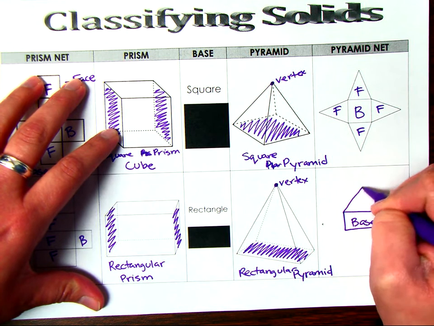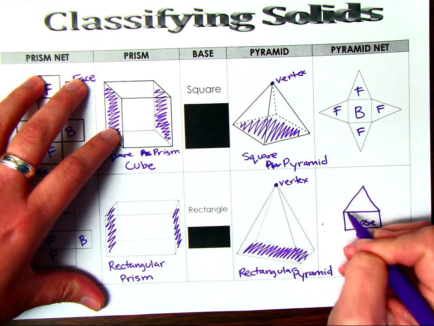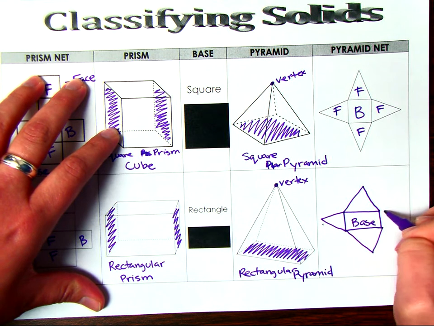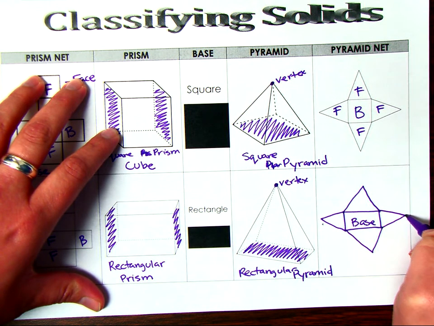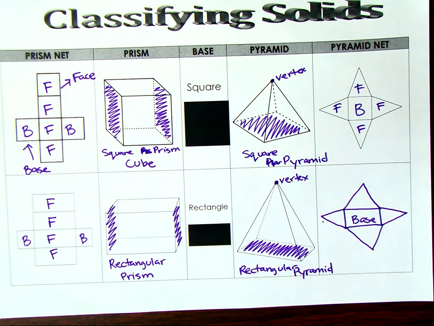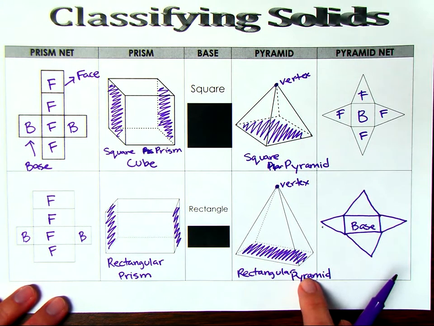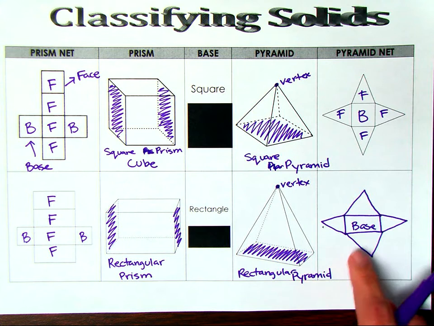And then we'd have these triangles off to the side once we unfolded it. Okay? So this is what a rectangular pyramid looks like with the net.